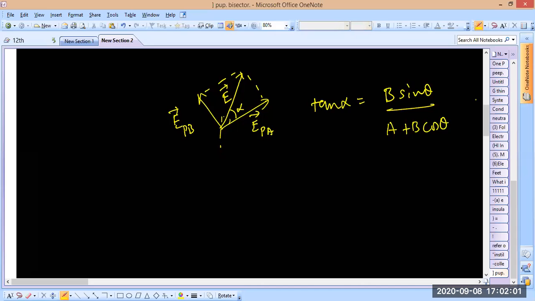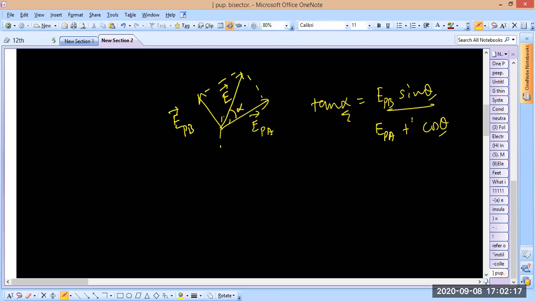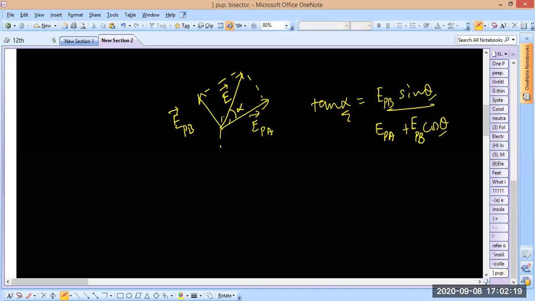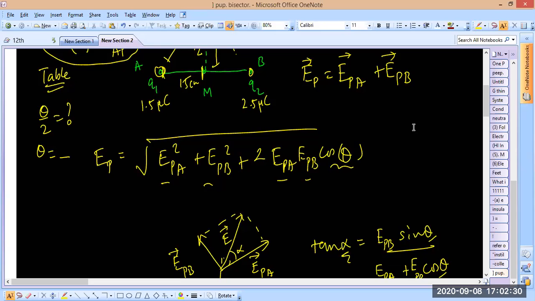This is the formula that you have to use. By putting theta's value, b means the second one, EPB, and a means the first one, EPA, you will get alpha. It is very long, I will not hide that from you. Even just saying this took me time, so when you do it, it will take even more time. But there is no other simple way.